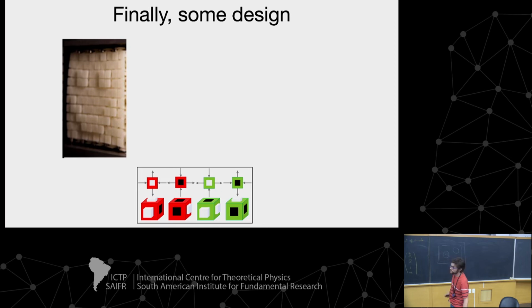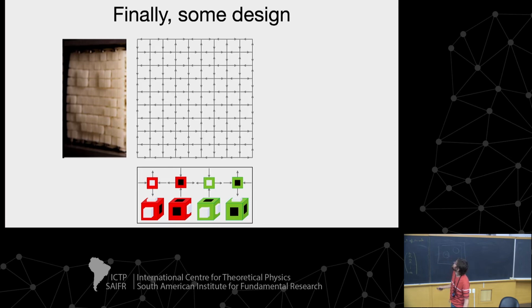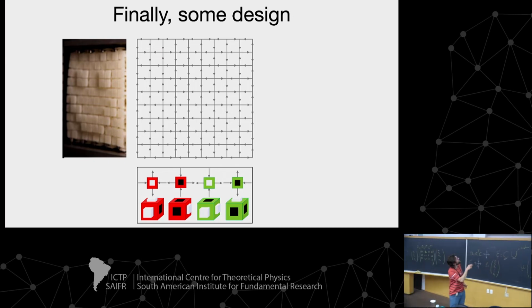We can do everything we want with the green and the red. I told you that we have an antiferromagnetic grid. If I only take these two blocks, I only have this pattern of arrows here. So it's really a staggered antiferromagnetic grid.